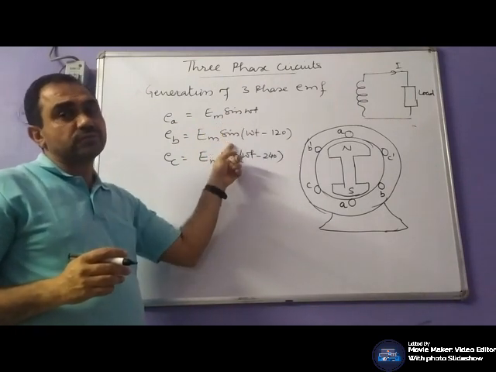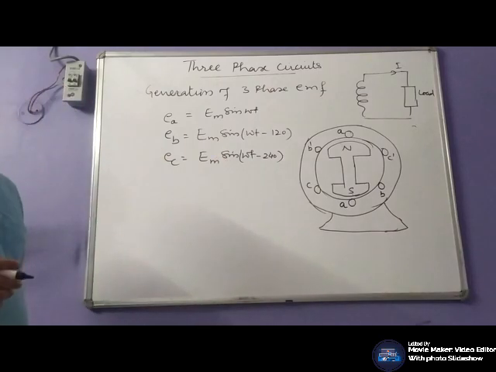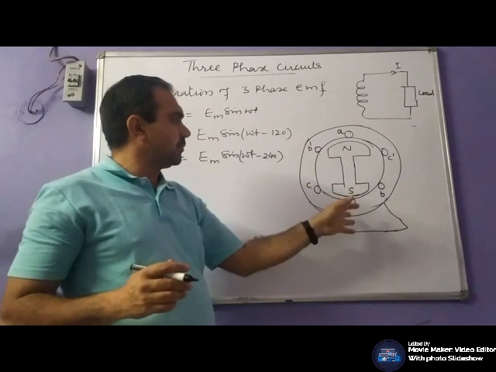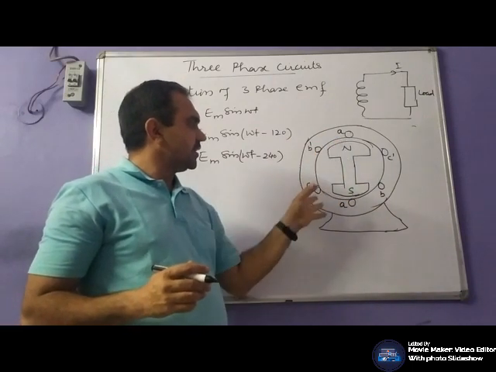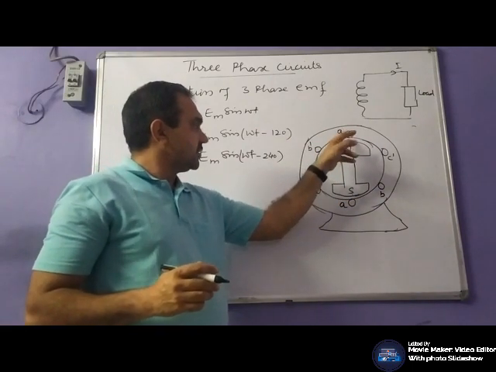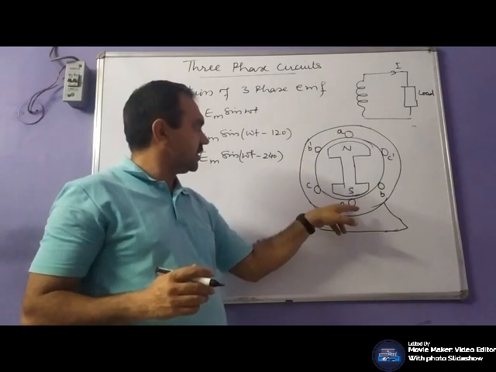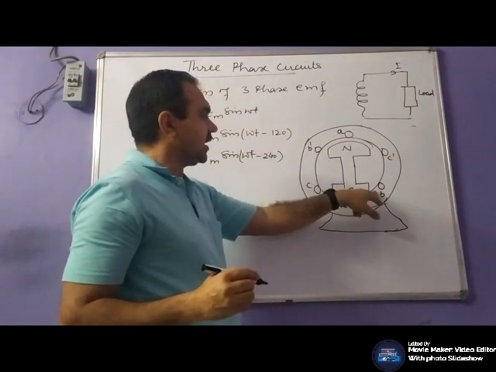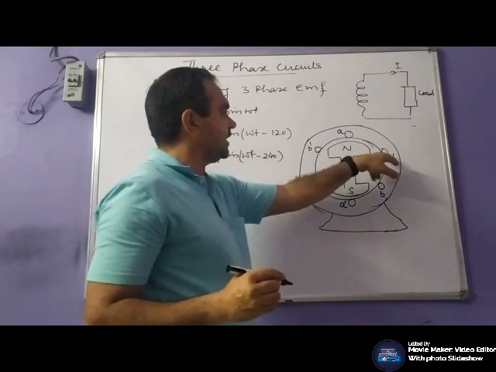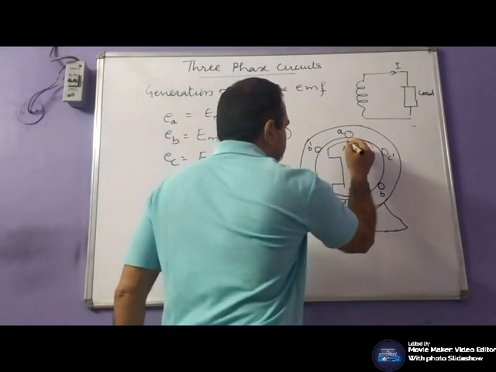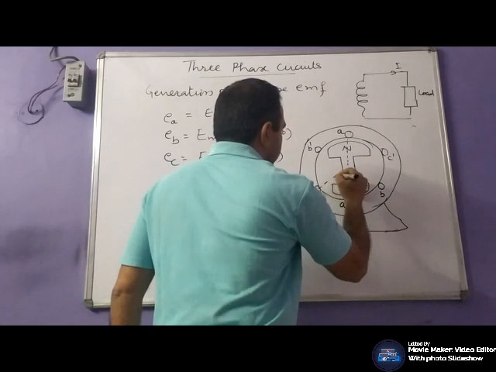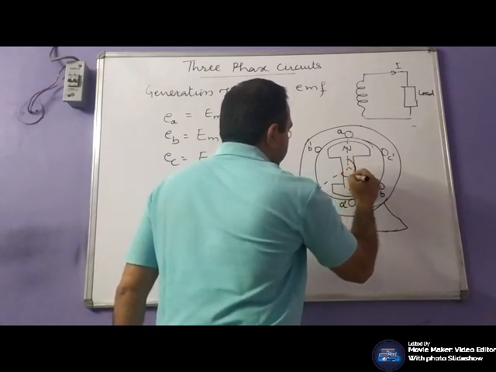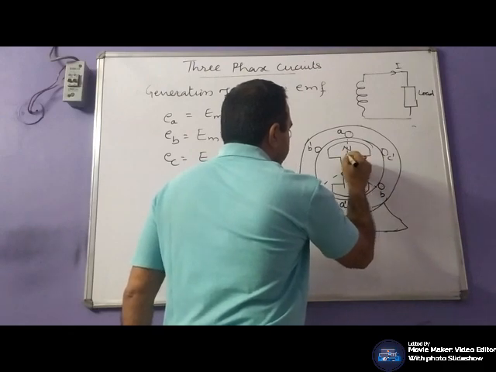Their EMF induced will also be displaced by an angle of 120 degree. These coils may be represented by A A dash, starting and finish end, B B dash, starting and finish end, C C dash, starting and finish end. If you observe, the angle between all these three coils is 120 degree.